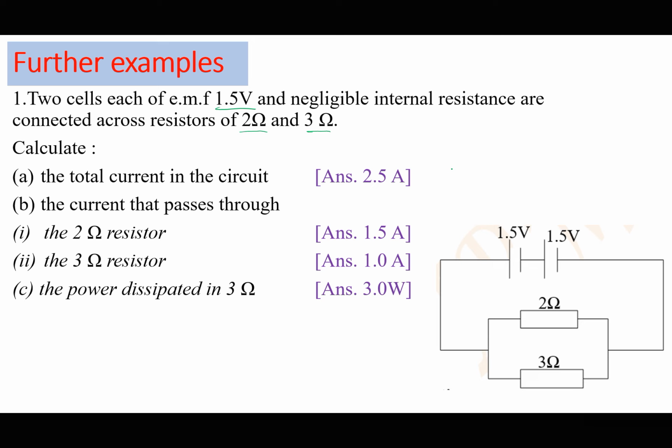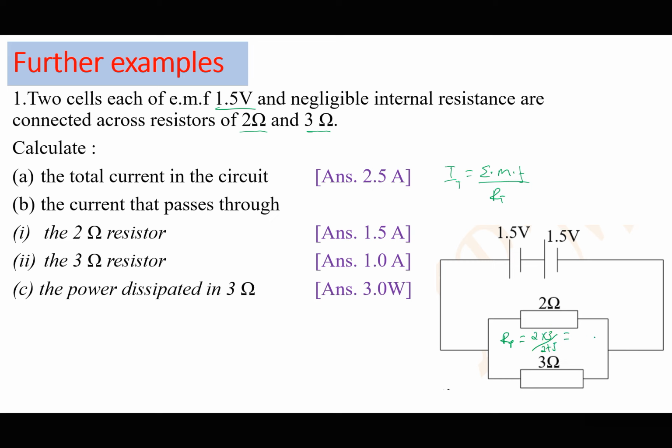So remember, current equals the EMF over total resistance, that is total current. Total resistance: these ones are in parallel. We saw that for resistances in parallel, if there are only two, because there is no internal resistance, this will be product divided by the sum.